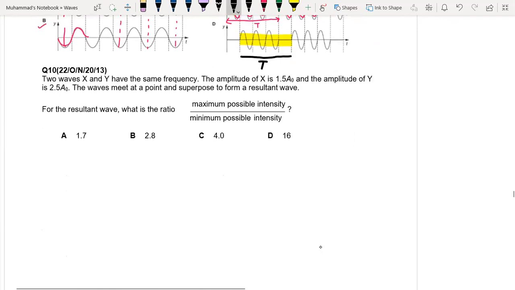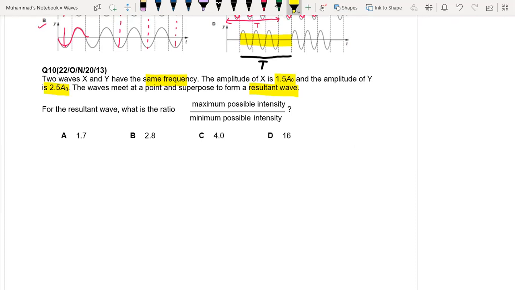Question 10. Two waves X and Y have the same frequency. The amplitude of X is 1.5 x naught. The amplitude of Y is 2.5 x naught. The waves meet at a point and superpose to form a resultant wave. They have different amplitudes and they meet at a point, so they will interfere.